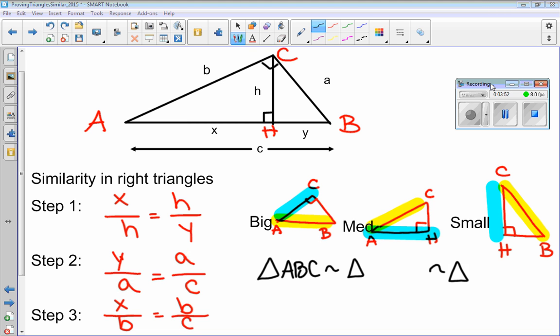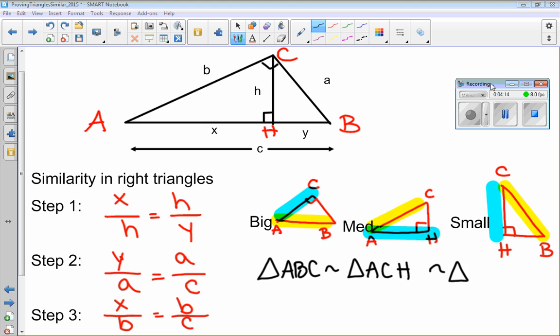Well, if you look at the big triangle, A is the intersection of the blue and the yellow. So what point is the intersection of the blue and the yellow here? Well, it's also A, so it starts with A. But then, what is the order? It's not AHC. It's actually ACH.